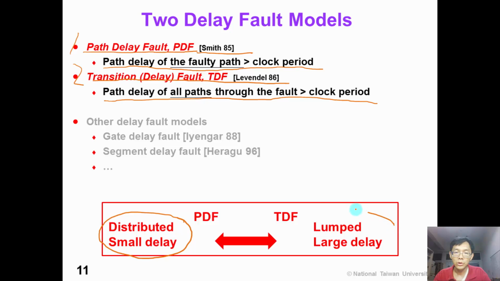However, the transition delay fault assumes that the fault is lumped, and it only considers large delay. Please note that there are other delay fault models such as gate delay fault and segment delay fault. These other models are not covered in our lecture.